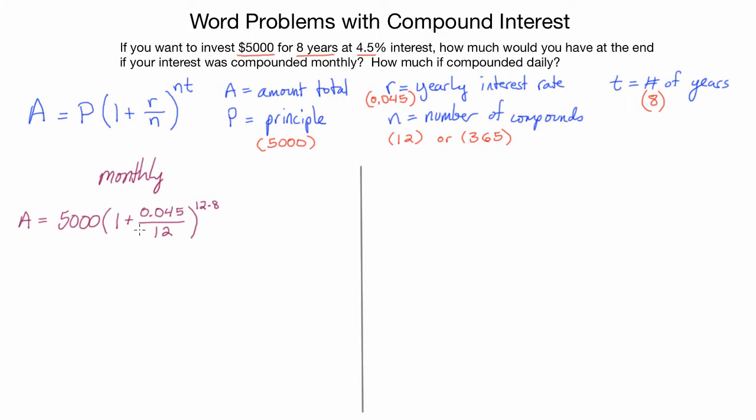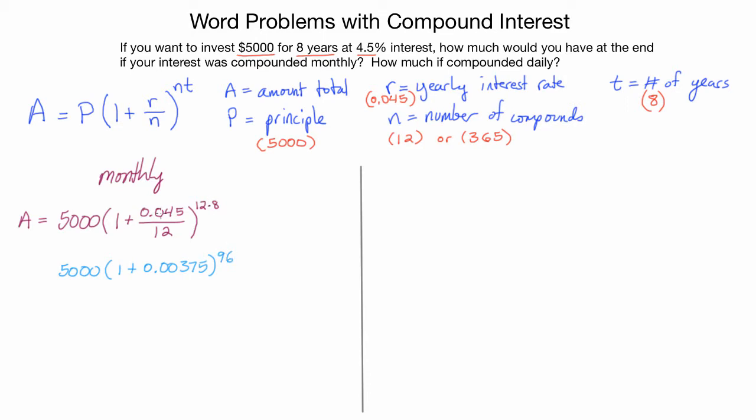So 0.045 divided by 12. I can rewrite that now as 5,000 times 1 plus 0.00375 to the 96th power.